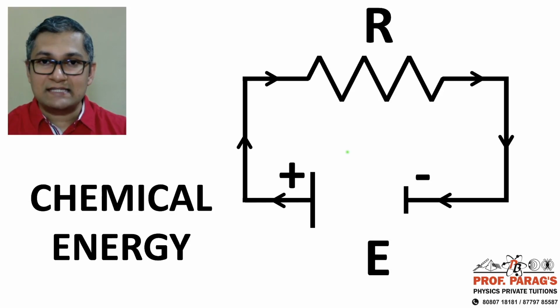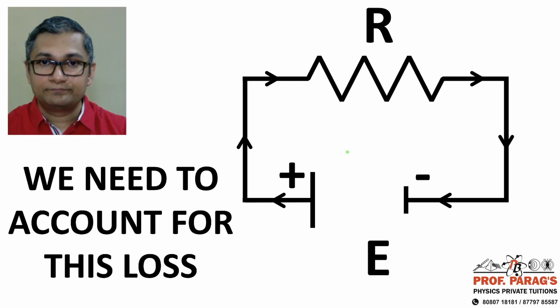The chemicals inside the cell are being used up, they are getting exhausted over a period of time. No matter what device it is, you will have to either throw away and put new cells, or you'll have to recharge it. Why? Because this chemical energy is being used up. So the idea here is we have to account for this loss of energy.